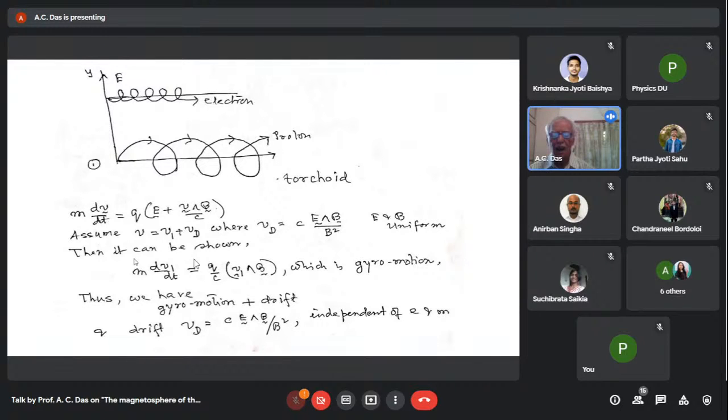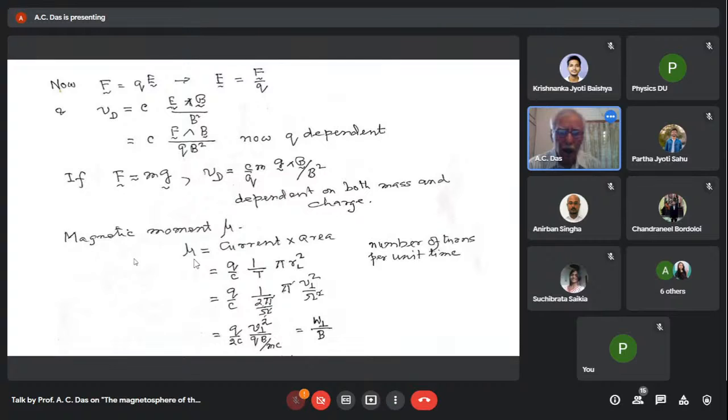Now, more out of this simple expression, we can write electric field in terms of force. Electric field is given by the force by Q, so E is replaced by F by Q. Then Vd, which is given by c E cross B by B square, becomes c F cross B by Q B square.